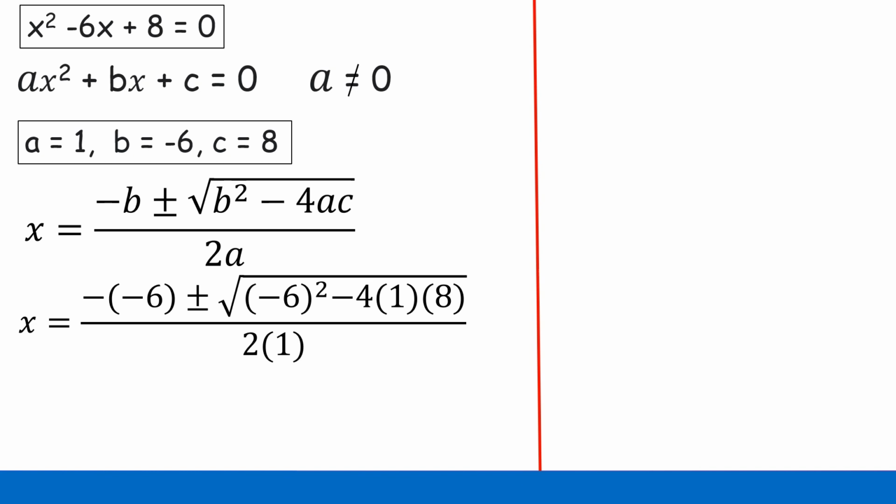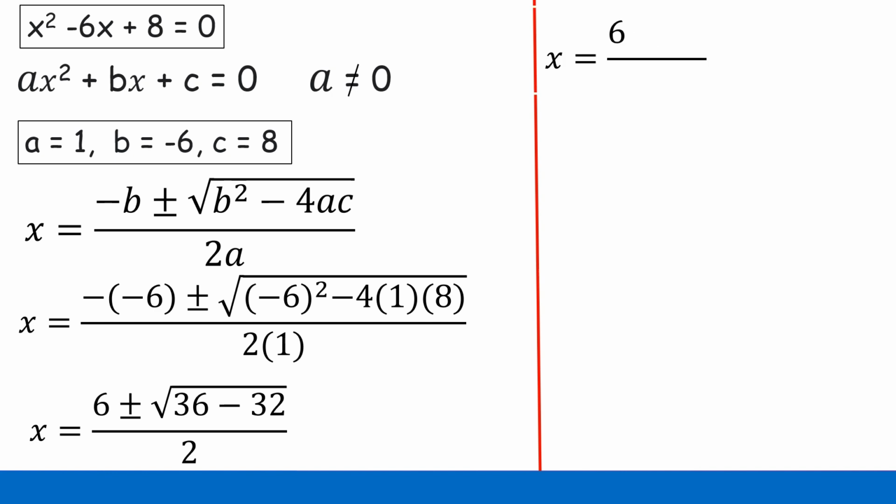That is all over 2 times 1. And then we will simplify it further. We have 6 plus or minus square root of 36 minus 32 all over 2. Note that the minus 6 now becomes positive 6, and that's why you have 6 plus or minus square root of 36 minus 32 all over 2.